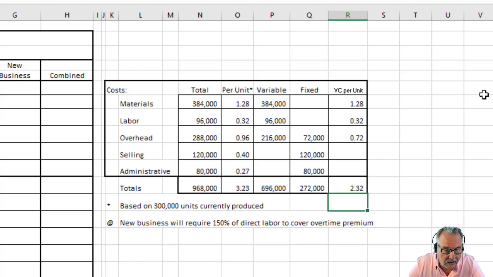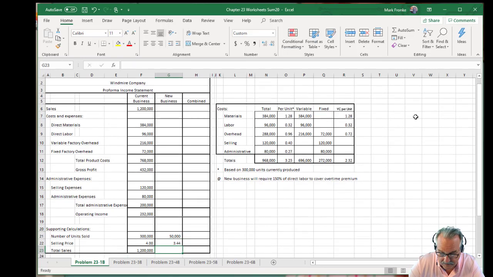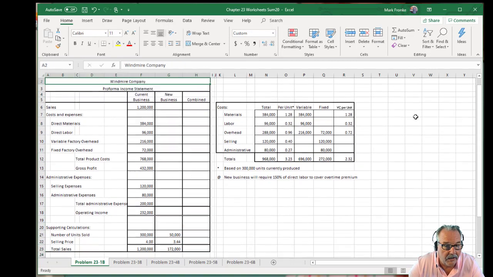So we can see that the $2.32 is below what our offer price is. This company has offered to buy 50,000 units of our product at $3.44 for total sales of $172,000.